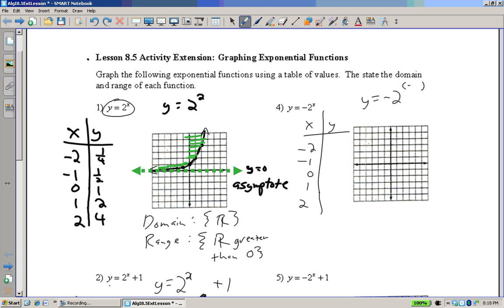Let's plug in our -2. This is going to be y equals. Now, we're going to sort of think of this as -1 times 2 to the -2nd. So it's going to be 1 over 2 to the 2nd. So this is y equals -1/4.